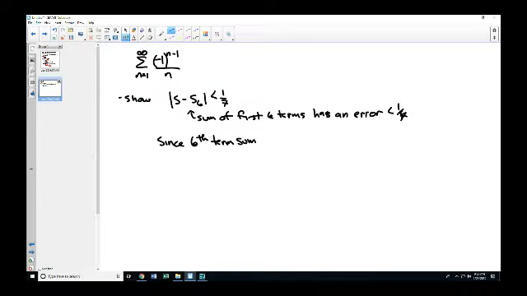No, because you have to find the bound. You need a certain answer. What is the 7th term? Absolute value. So we don't even worry about the alternating part anymore.